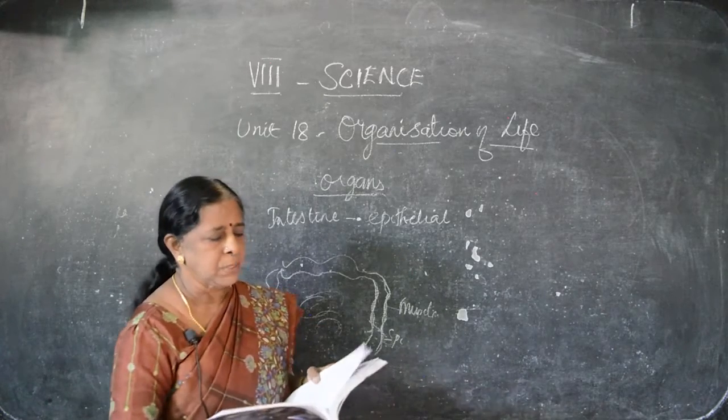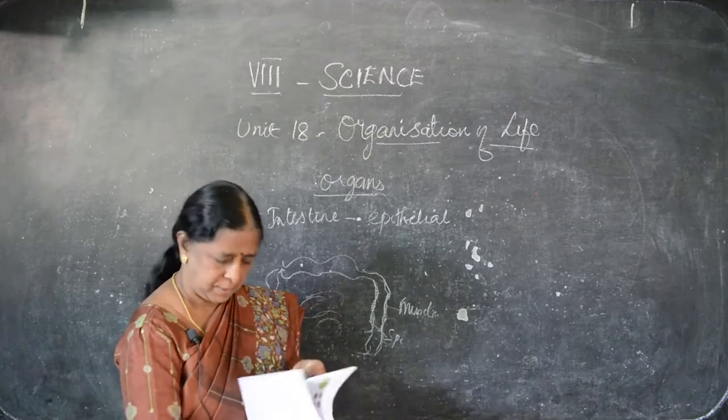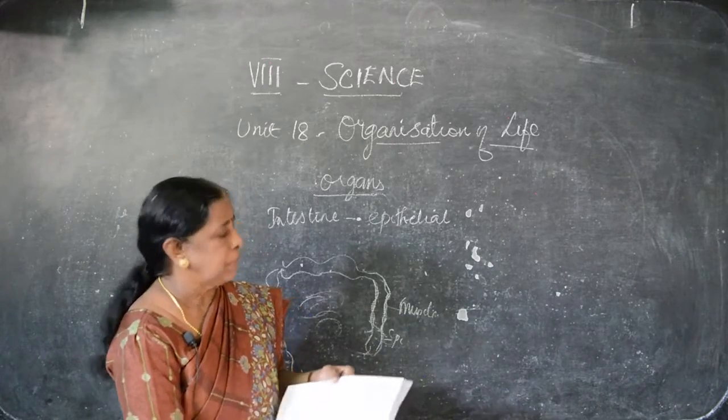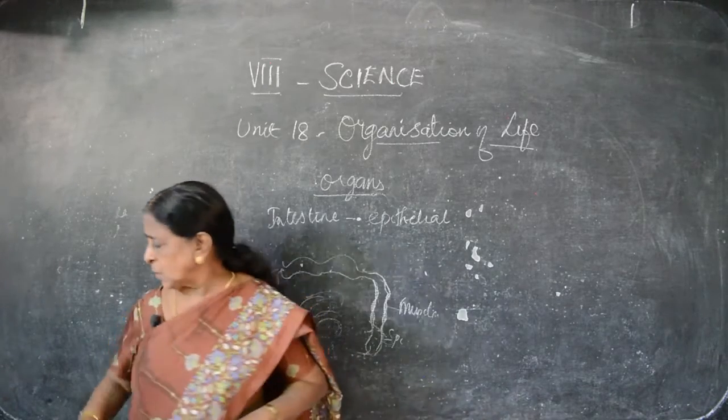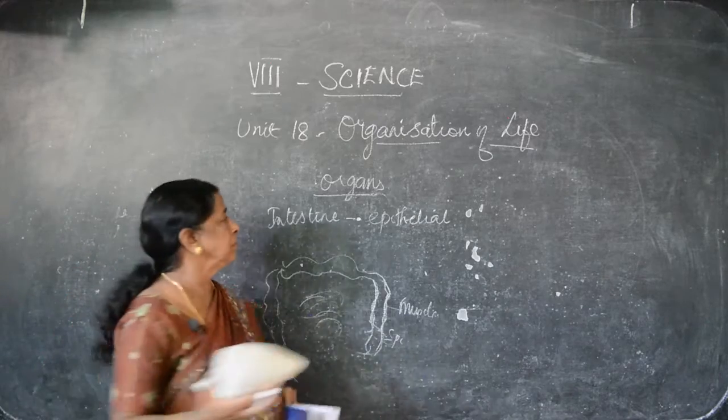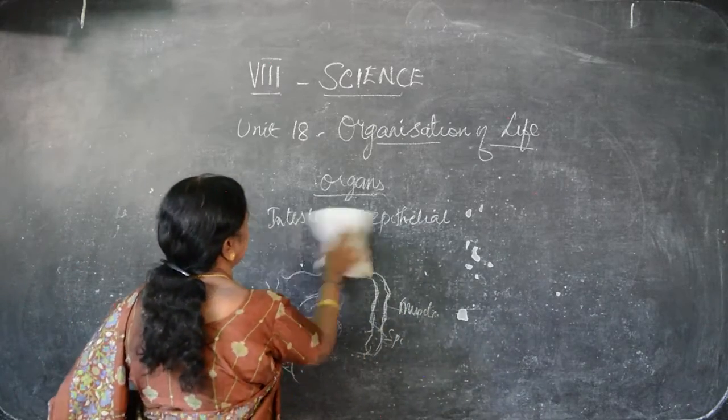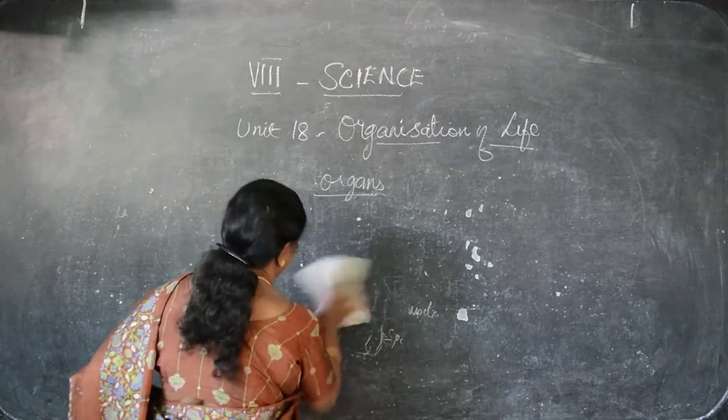Okay, now we have to see the sense organs. What are the sense organs? Eyes, nose, skin, tongue. Now we go for sense organs.